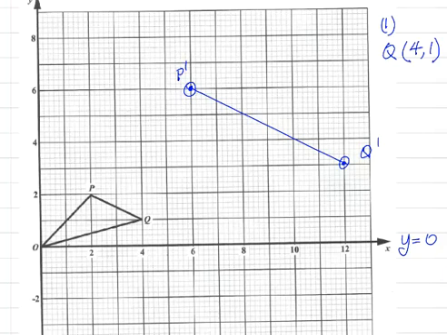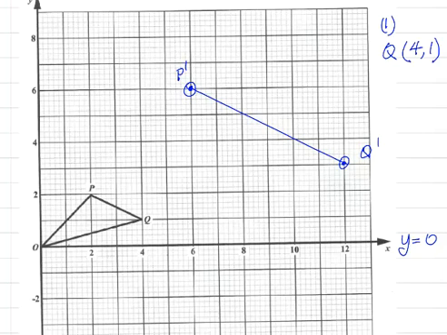In a reflection, the object and image are the same distance from the mirror line on either side. Additionally, a point that is on the mirror line is invariant, it doesn't move. So if a point is on the mirror line, that point is both the object and the image.